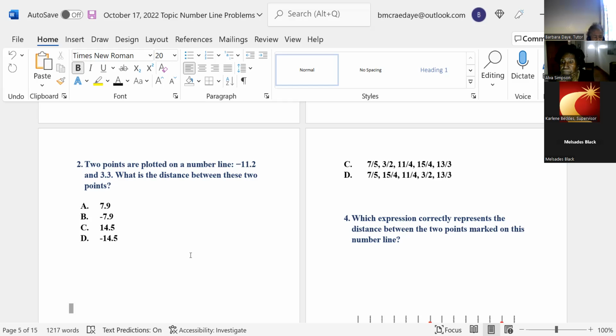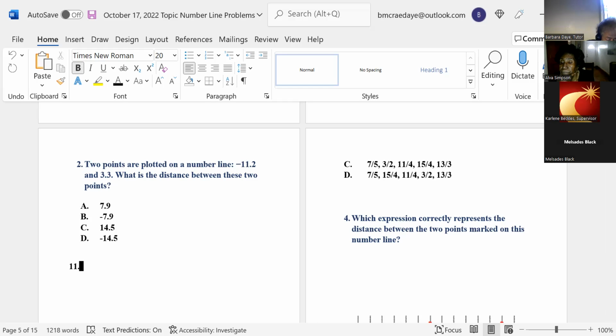So that means you would add the 11 and 3, which would give you negative 14.5. No. I just said we eliminated D and B. Did you listen to Alva? Negative, I'm sorry. They do not have a sign. 14.5. Yes. In other words, you just add the 11.2 plus the 3.3. Just add them.